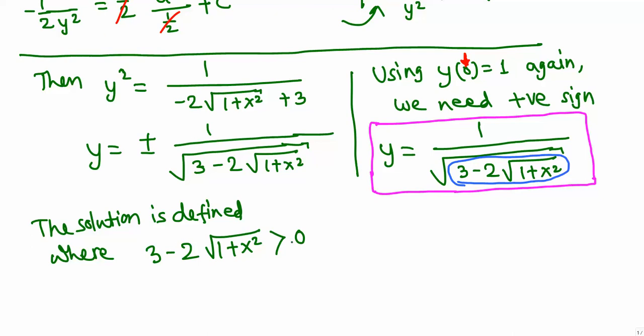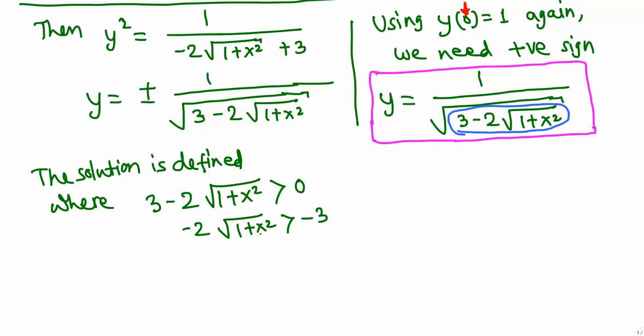Let's solve this for x. Move 3 to the other side. So negative 2 square root of 1 plus x squared is bigger than, subtracting 3 from both sides, negative 3. Now let's divide both sides by negative 2. And by the way, when we divide by a negative, we need to switch this sign.